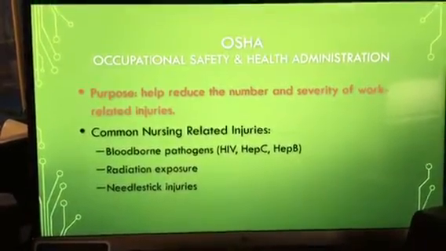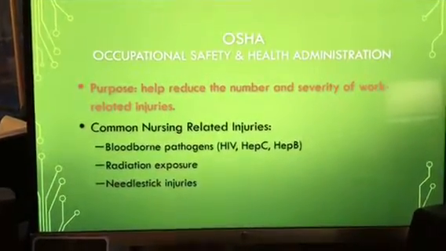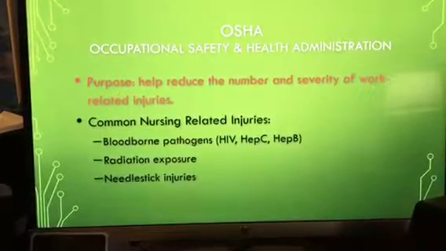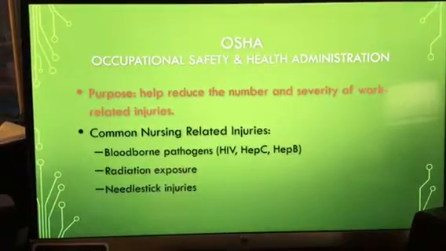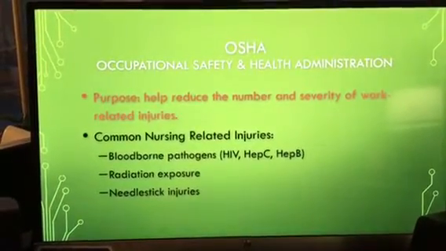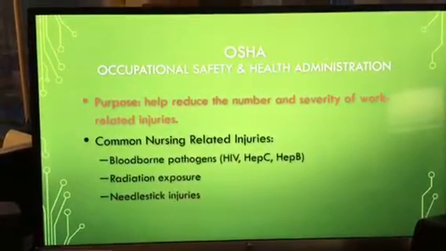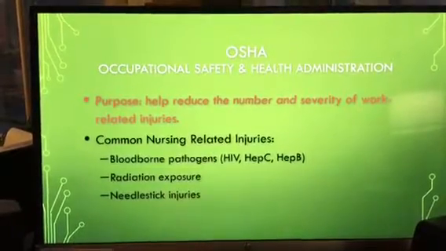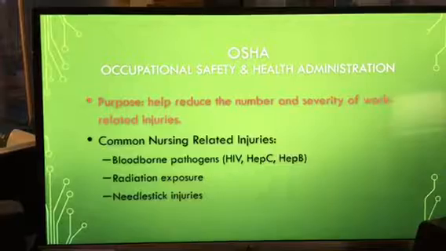So the big ones that are unique to healthcare would be the bloodborne pathogen risks, things like HIV, Hep C, and Hep B, the hepatitis, which are transmitted through bodily fluids, in particular blood. So we implement standard or universal precautions always to prevent the transmission of those diseases.